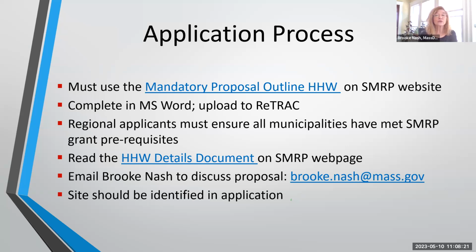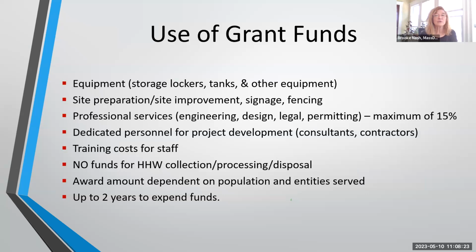Okay, use of the grant funds. Next slide, please. So the funds can be used for a variety of capital costs: the equipment, the storage lockers, tanks, other equipment like that, site preparation and site improvement, signage, fencing. Also, I should have put on here outreach and education to your residents.